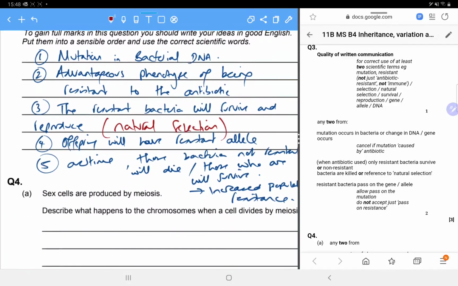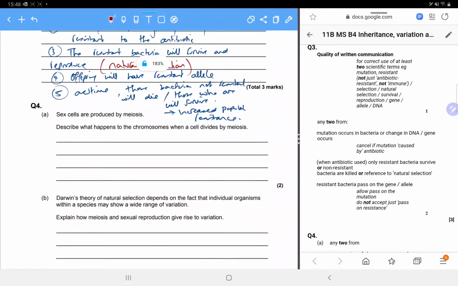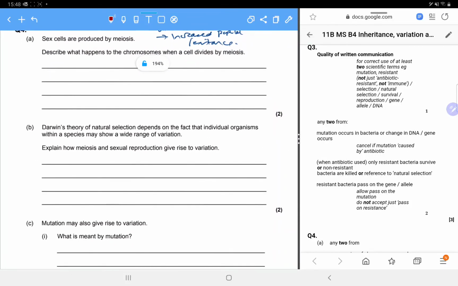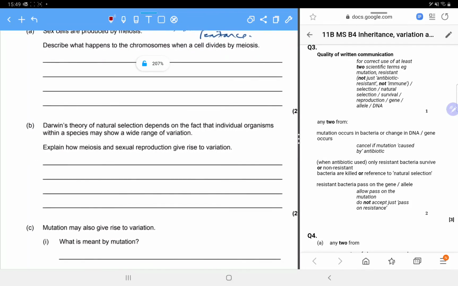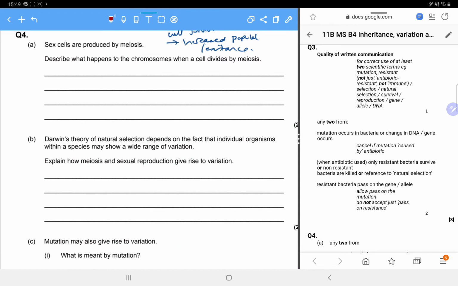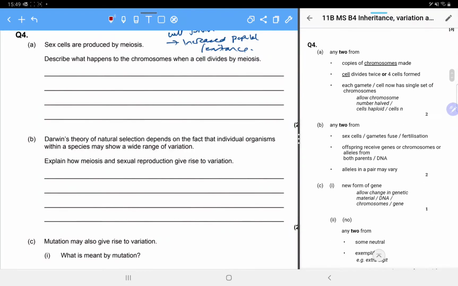Okay. Right, question 4. Sex cells are produced by meiosis. Describe what happens to the chromosomes when a cell divides by meiosis.